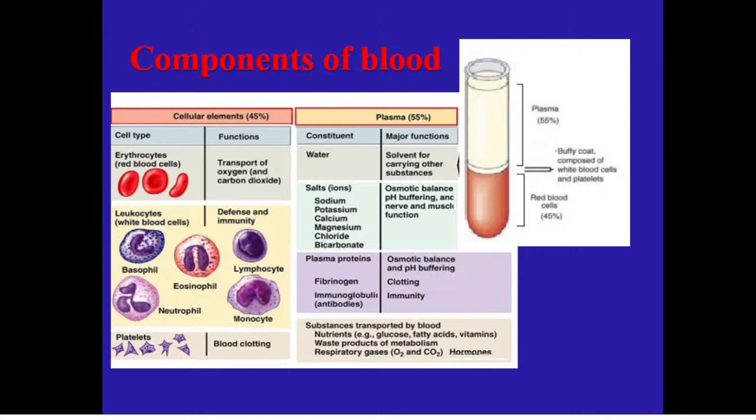Among them, as you know from histology, we have different types: neutrophils, eosinophils, monocytes, and lymphocytes. And platelets, the main function of which is blood clotting.